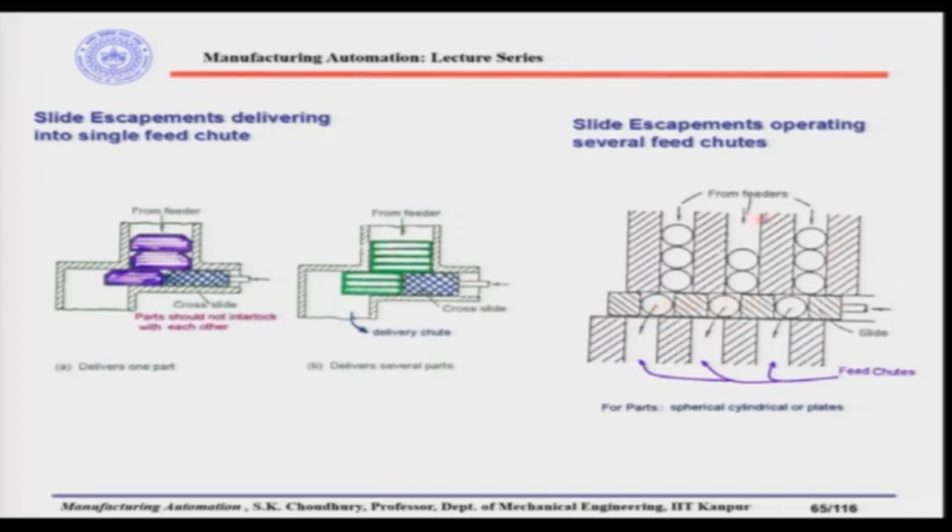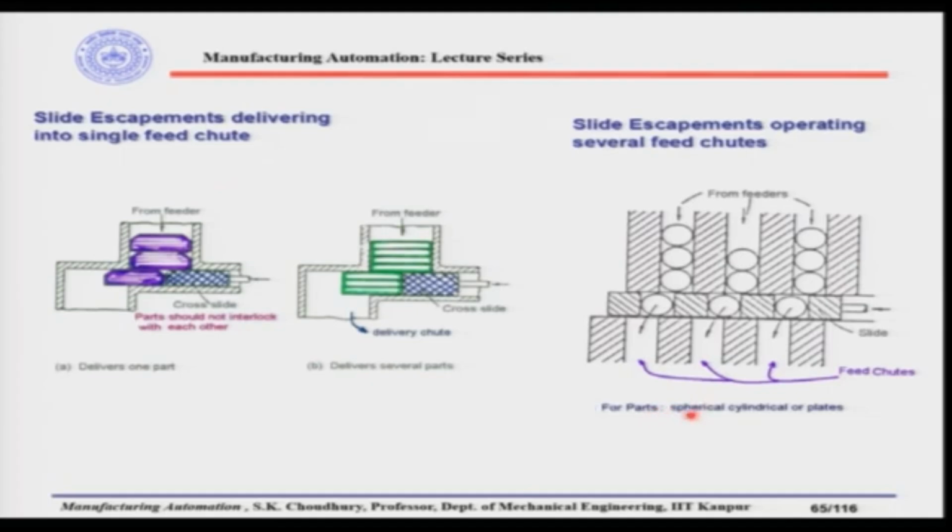As you can understand, this is self explanatory: as the slide is going to the right side, it will subsequently take up the parts from the feeders in the grooves, and when the slide is going to the left, these parts will be coming one to this feed chute, another to this, and the third to this feed chute. So, depending on the requirement, a number of parts can be taken from the feeder, and this line diagram is quite self explanatory.